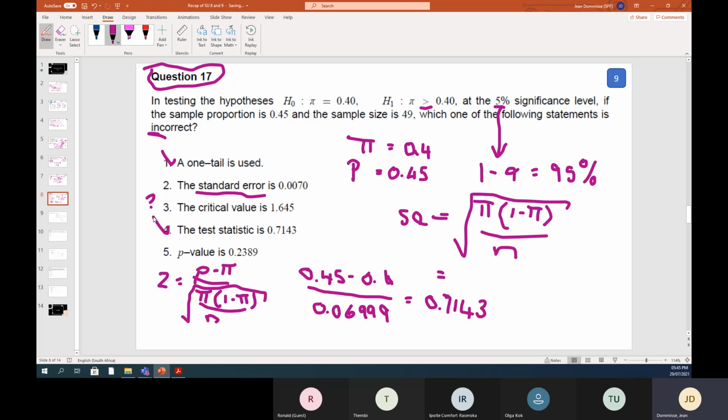Okay, which is that one. And this is what is so difficult with this, because I think we need to take our direction from what they are giving us here, so that we know what we're testing against is the P. So when we look at the standard error as well, we will use this standard error formula.